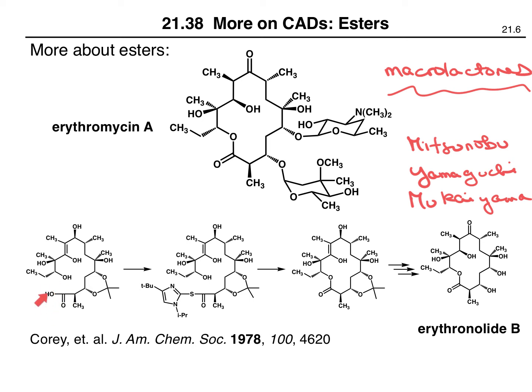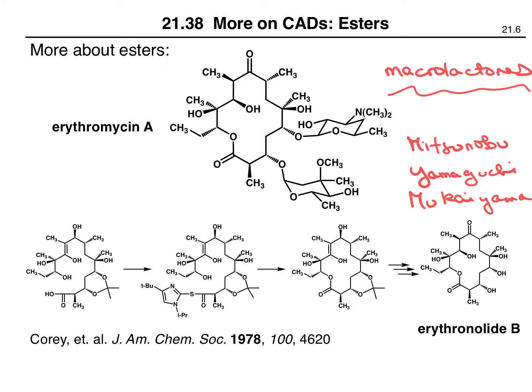So here is a carboxylic acid and here is an alcohol, and these are the two that need to be made into an ester. But rather than just trying to close this up, Corey and co-workers used a special macrolactonization method where the acid was converted to this special thioester, and then this can undergo reaction to form this macrolactone.